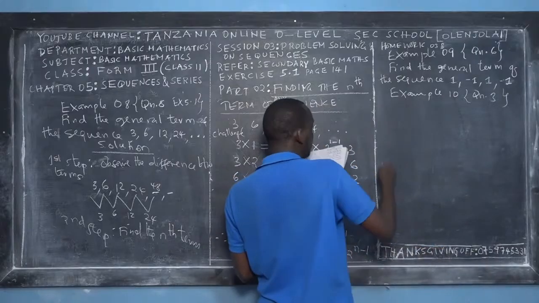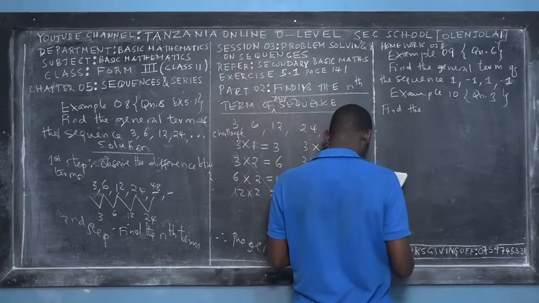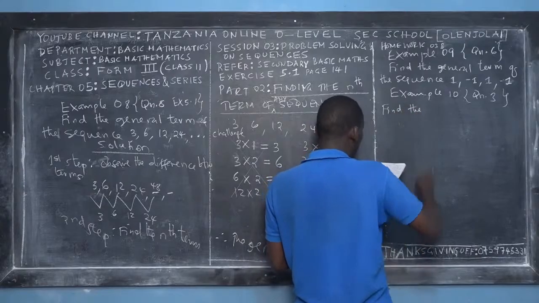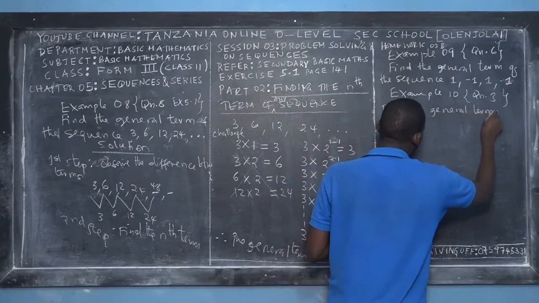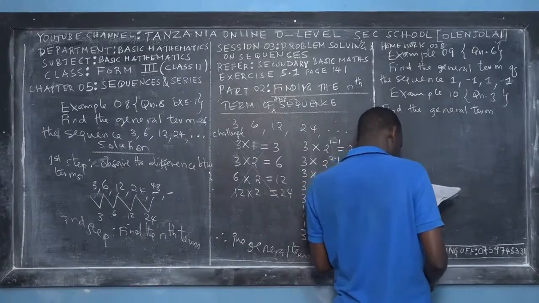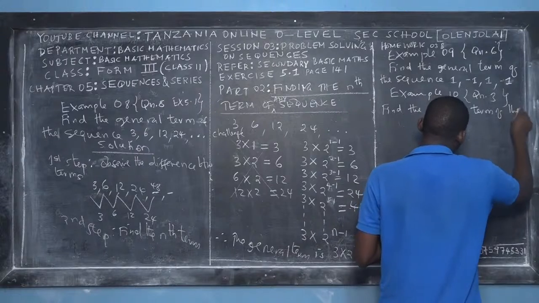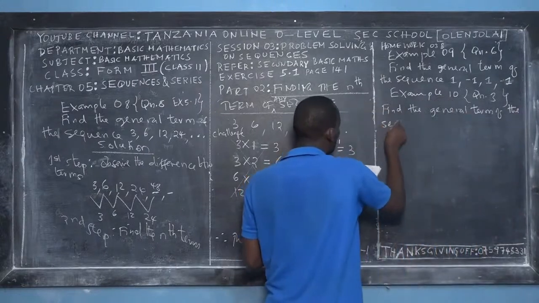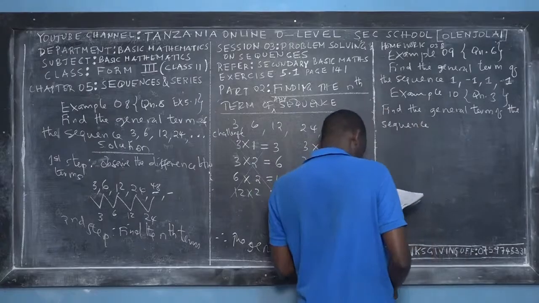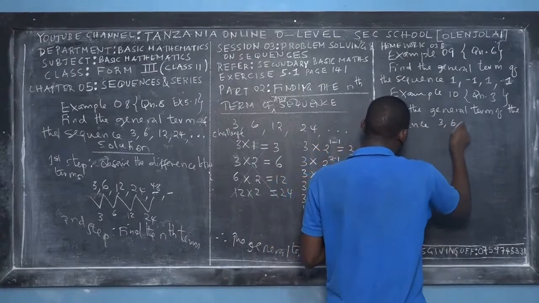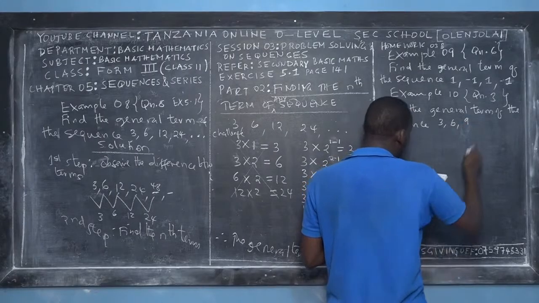The question asks us to find the general term of the sequence 3, 6, 9, 12.